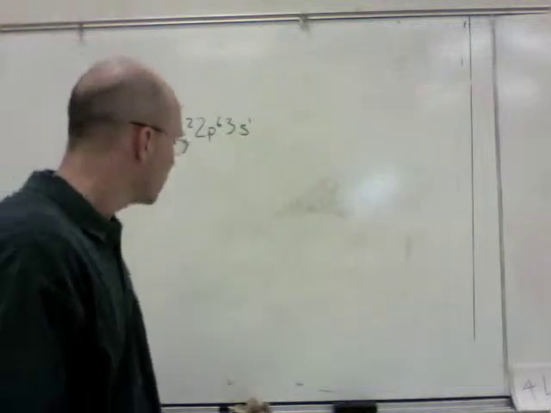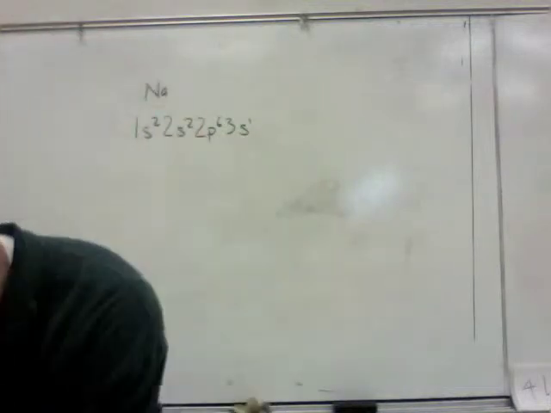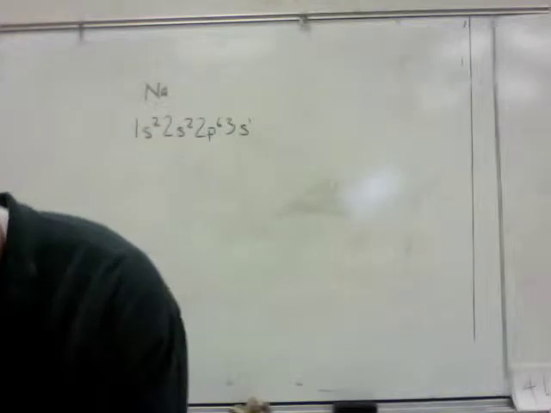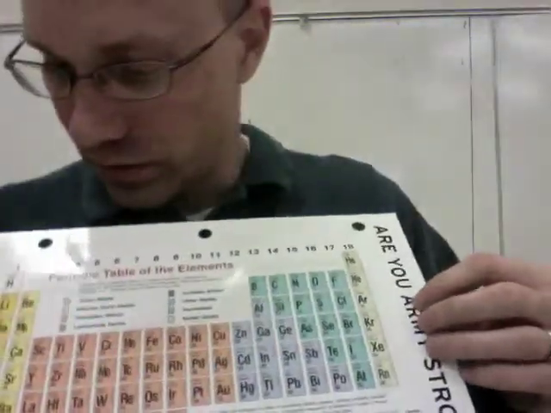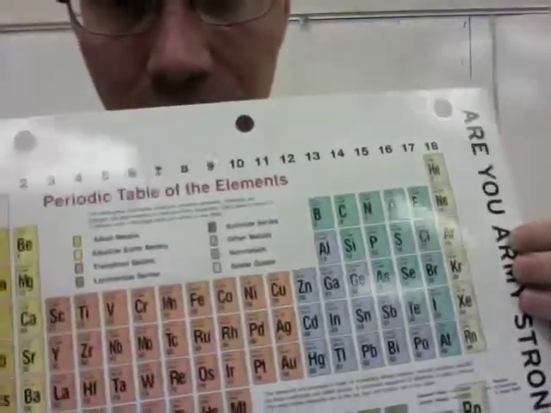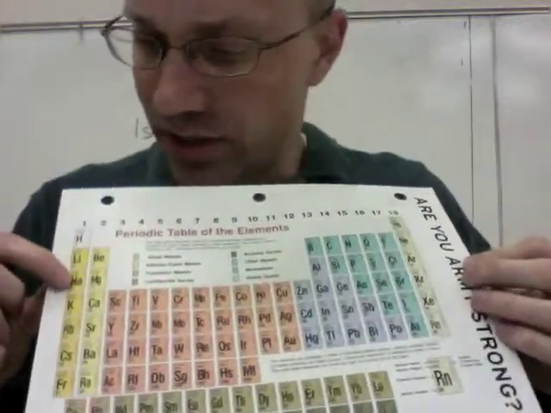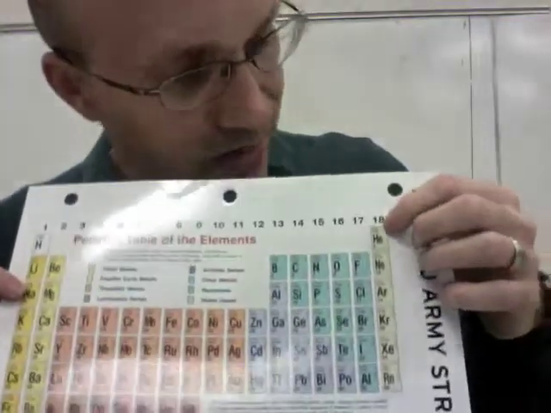So if you take a look at the periodic table, where's sodium? Well, sodium is right here, and his atomic number is 11. Where are the noble gases? The noble gases are the far right column over here.